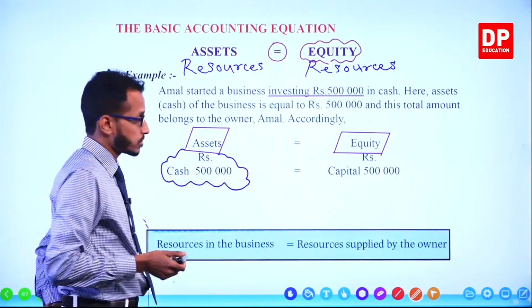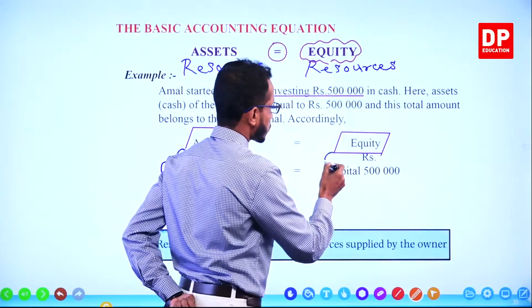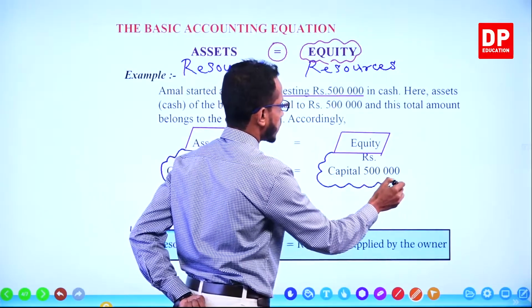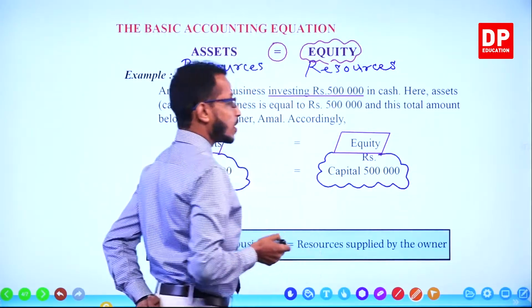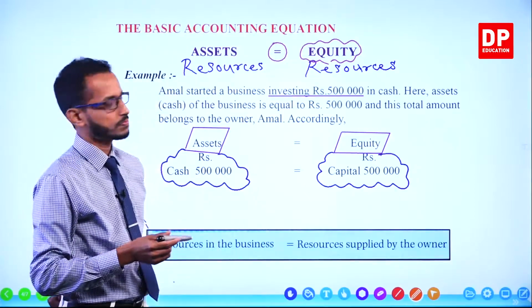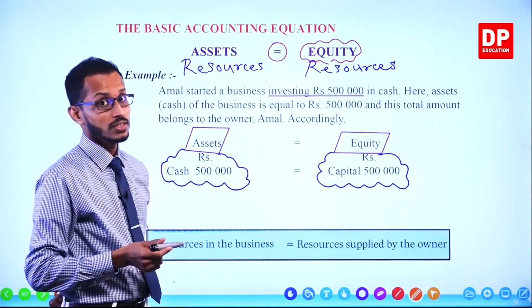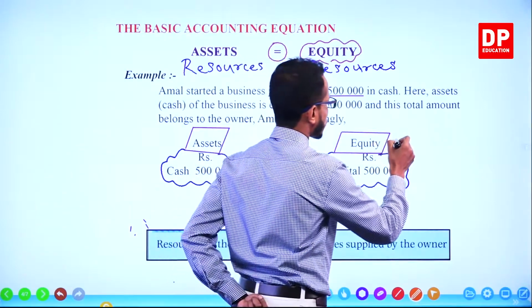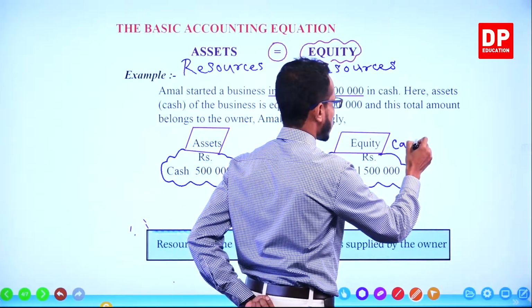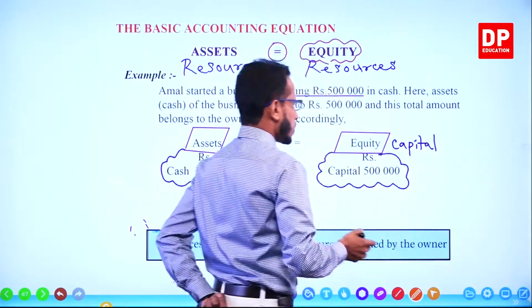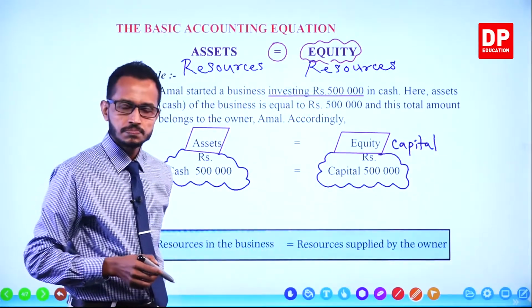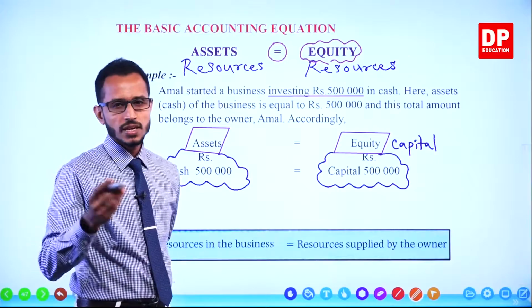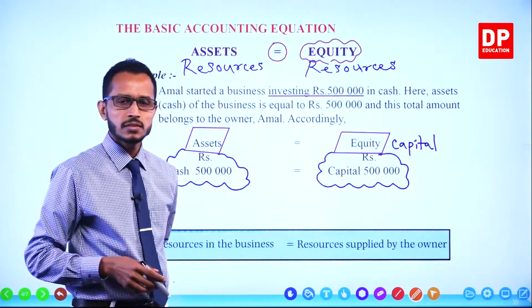That 500,000 is the owner's equity or the owner's capital. That is another word which we can use for equity. Do you get it? Yeah, sure, because it's so easy, right?